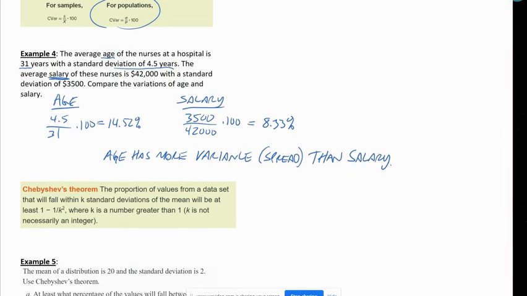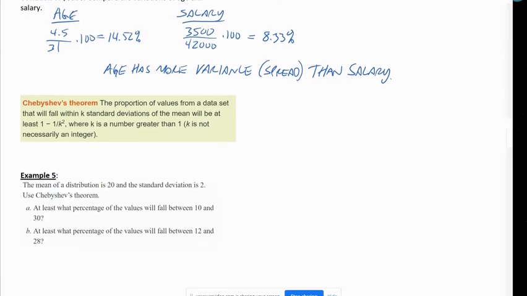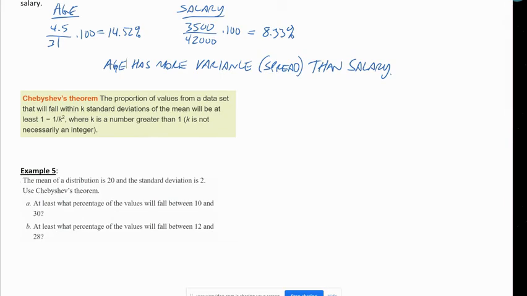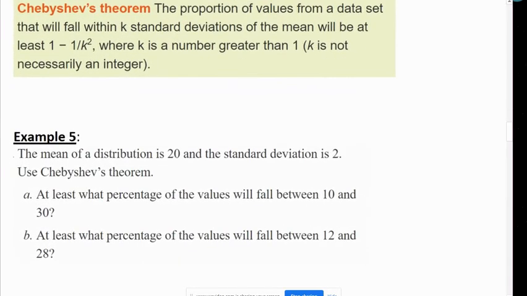Okay, and then Chebyshev's theorem also gives us a way of comparing data sets. The proportion of values from a data set that will fall within k standard deviations of the mean will be at least 1 minus 1 over k squared. So in this example, the mean is 20.